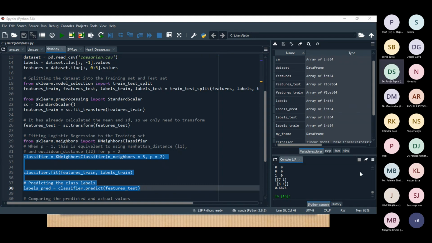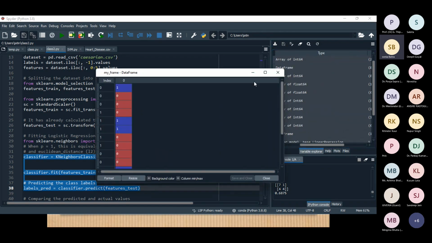This is done. Could you get the confusion matrix? Yes, ma'am, it's done from my side. Okay, what about others? Please, can we have a feedback? Is it done? Can you raise your hands? Anything, a small feedback from you?